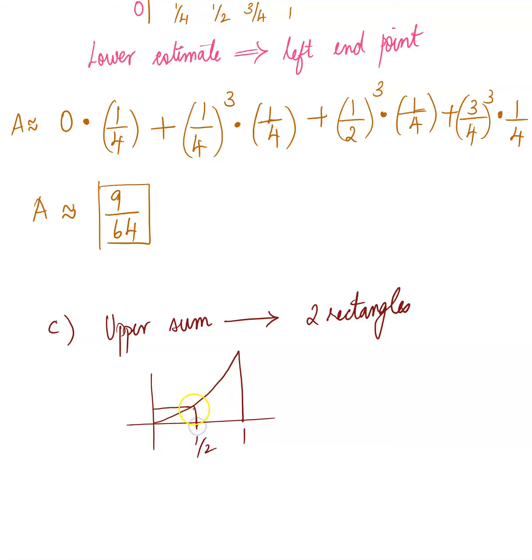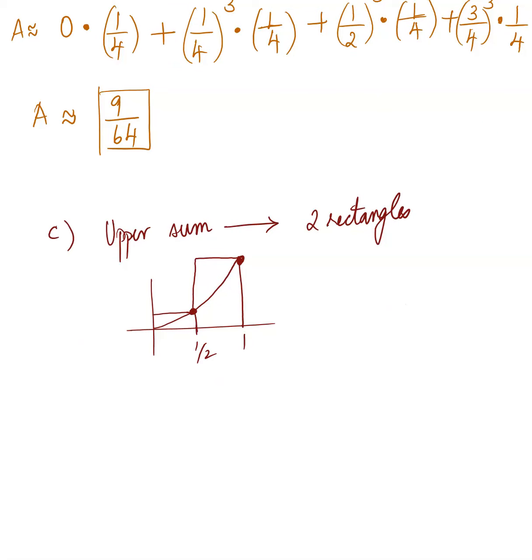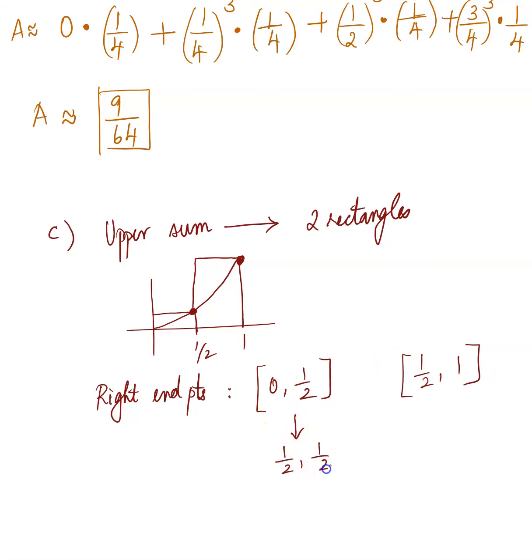So your rectangle would be here, and that will be the next rectangle, right? So in other words, you're looking at the right end points. 0 to half, and half to 1. So the right end points would be half comma half cubed. That's the coordinate for that one. And for this one, the coordinate is the right hand corner of your rectangle, and that will be 1 comma 1 cubed.